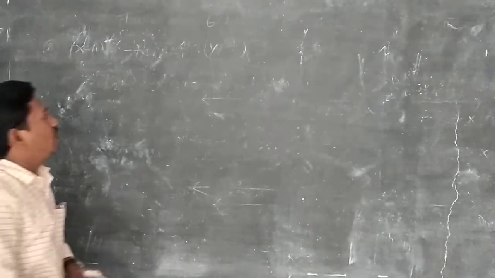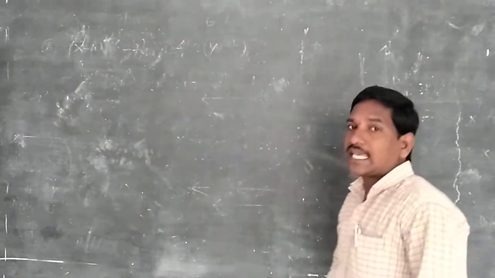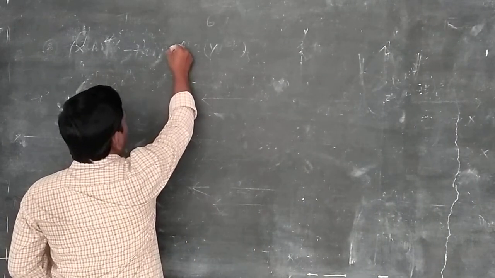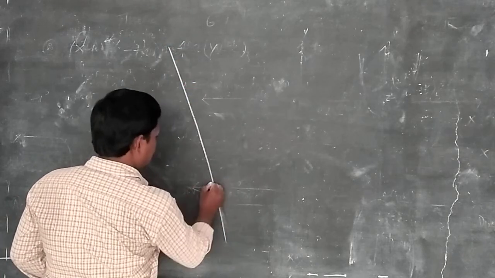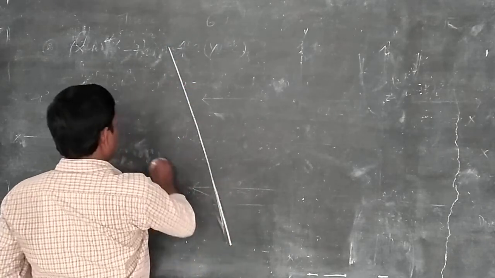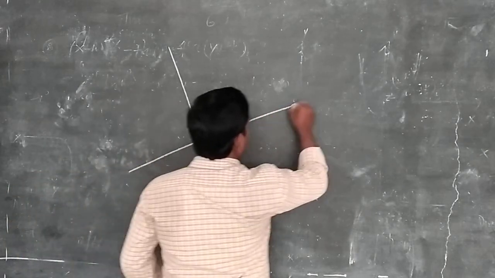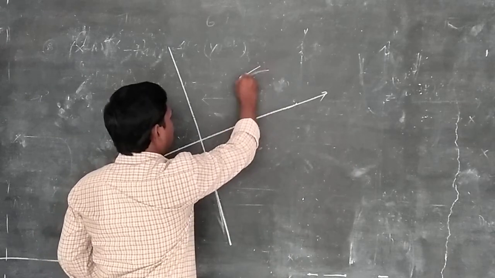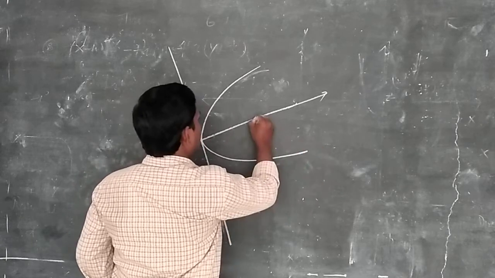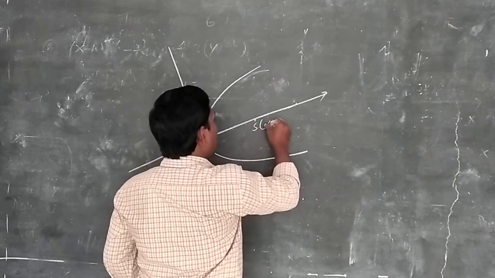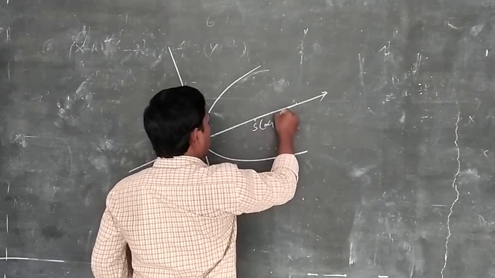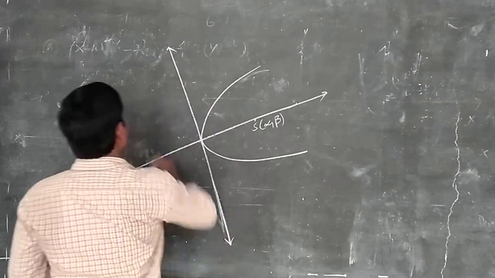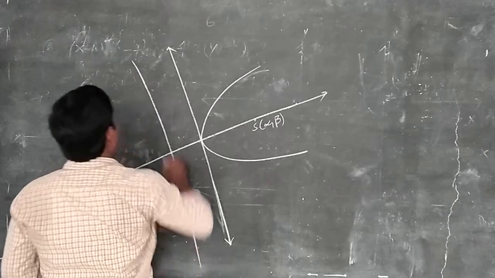Another shape of parabola is not on the x axis and y axis, like, yes, (alpha, beta), and this is the directrix.